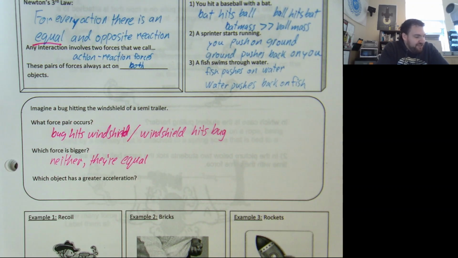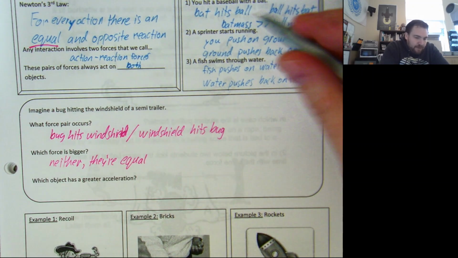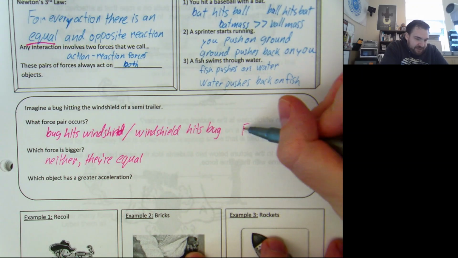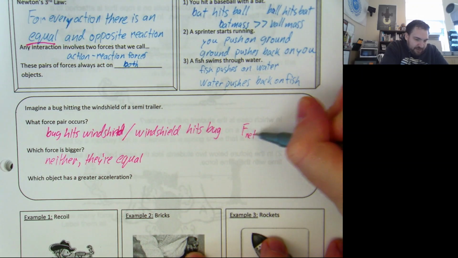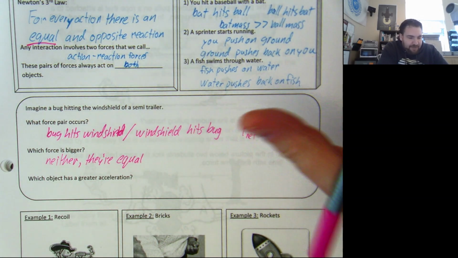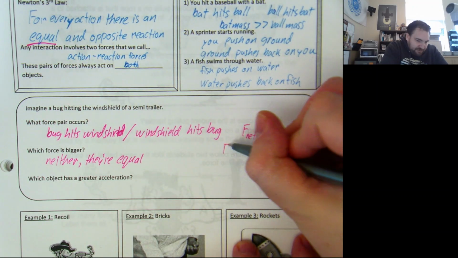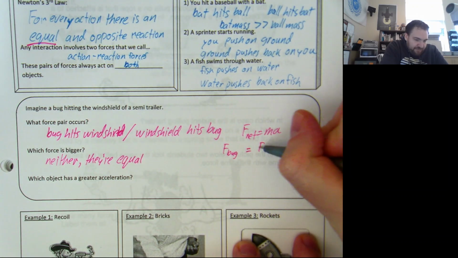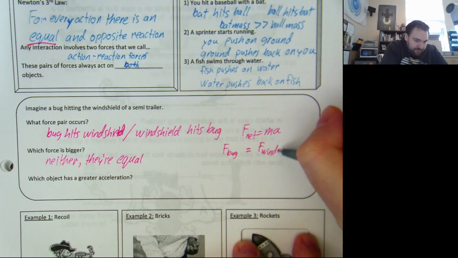Let's look at their accelerations, shall we? So we're going to set up something that looks like this. I need some more space for this. We'll have F net equals ma. Now, the forces are equal and the forces are opposite. So the force on the bug has to be equal to the force on the windshield.